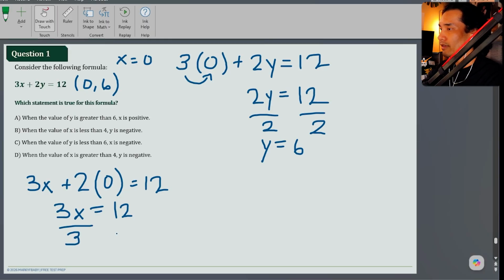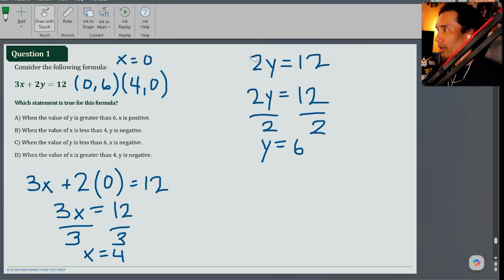Divide by 3, and we get x equals 4, because 12 divided by 3 equals 4. So our ordered pair now is x is 4, comma, y is 0. We have our 2 points, and we are ready to plot them.